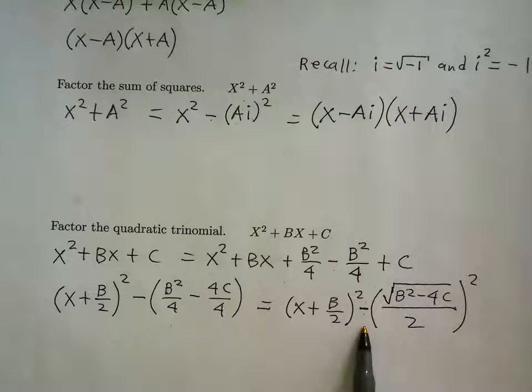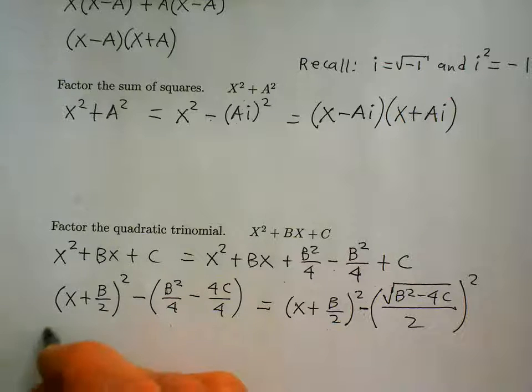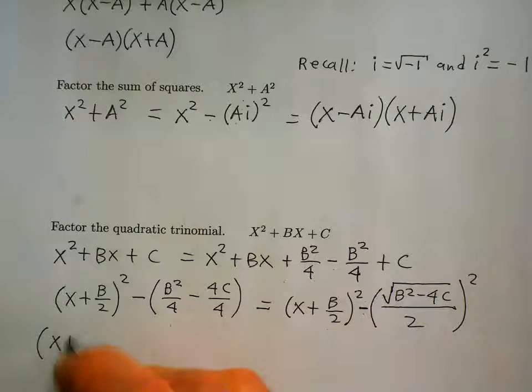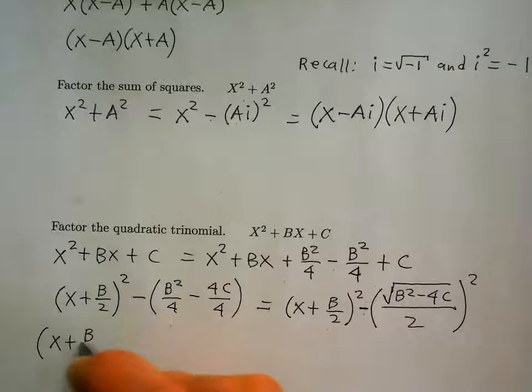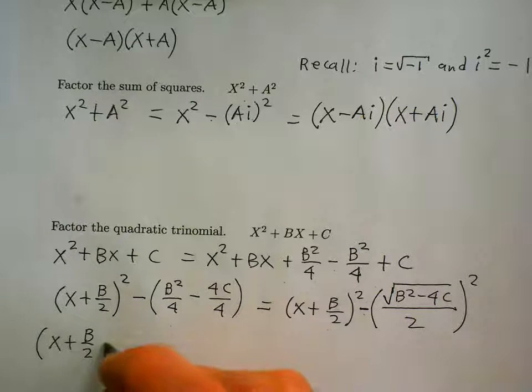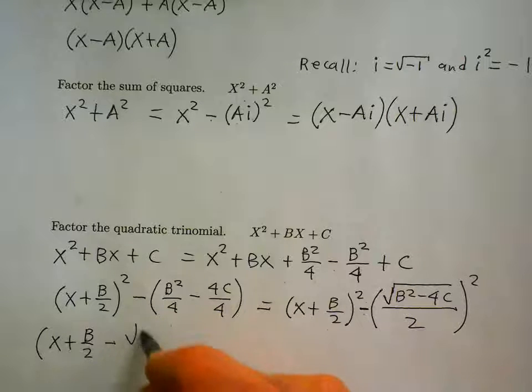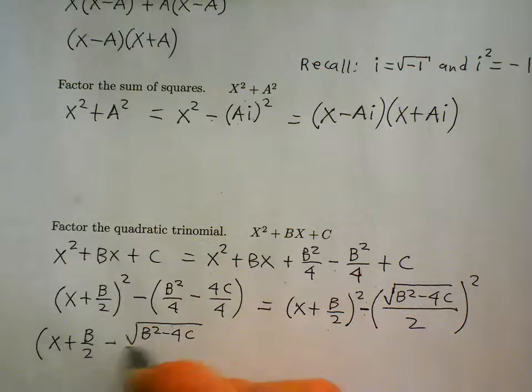Okay, this is now in the form of a difference of squares. We have one thing squared minus another thing squared. So to factor it, we can just use the difference of squares factoring formula. One of the factors will be x + b/2 minus the square root of b² − 4c over 2.